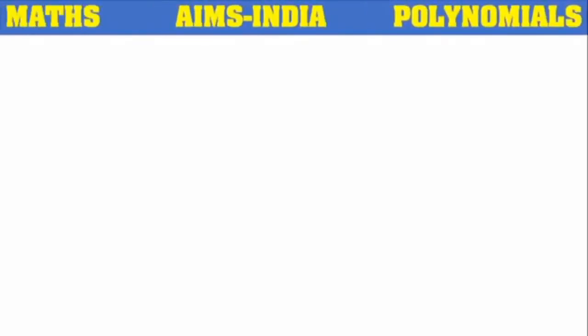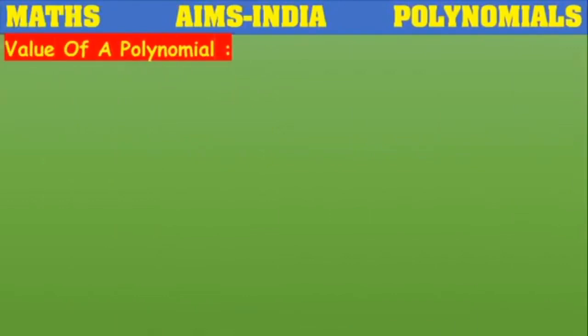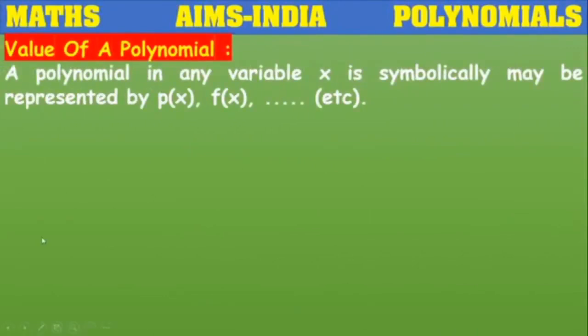Let's see the value of a polynomial. How to find the value of a polynomial. A polynomial in any variable such as x is symbolically represented as p of x, f of x, g of x, etc., which we have learnt already. The alphabets like p, f, g, either in small letters or capital letters, are used for naming the polynomials.